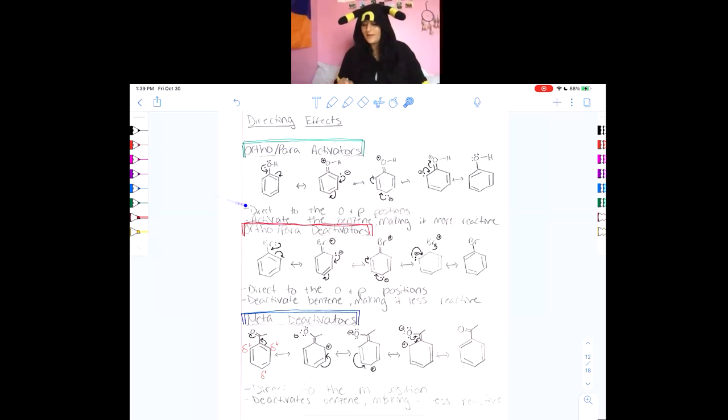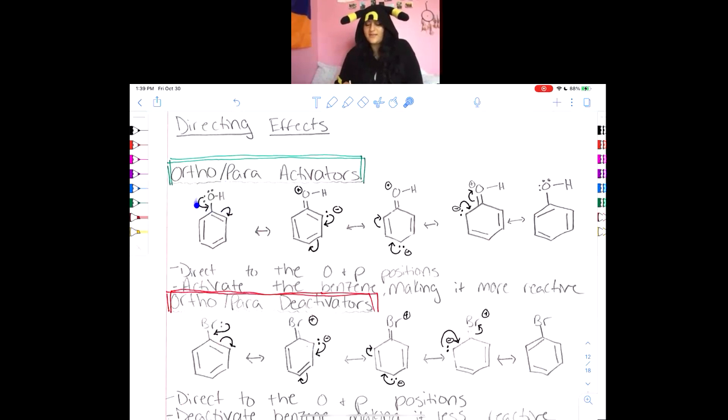So up here, we have our ortho-para activators, and I did a resonance for one of them just to give you guys an example. So an example is an alcohol, because it is an electron donating group. So that group has a lone pair. So that lone pair can do resonance throughout the group to give a negative charge on the ortho and para positions.